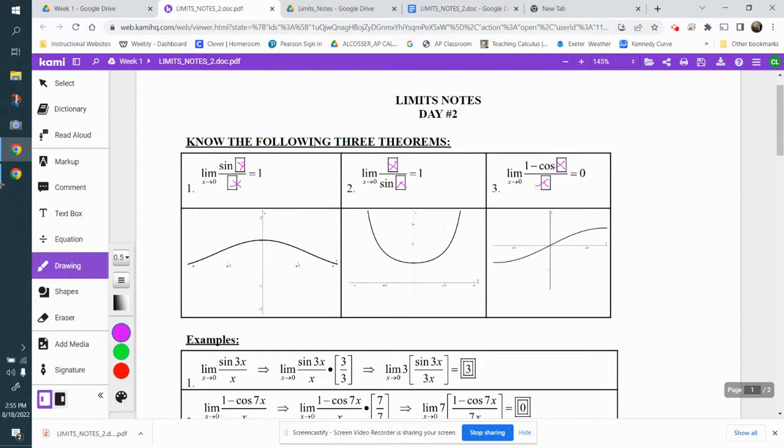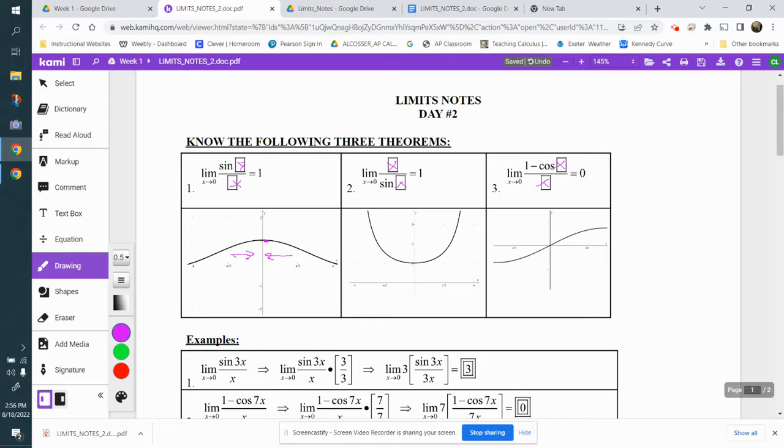So if we just did the basic one, sine of X over X, the idea is the limit as X approaches 0 of sine of X over X is 1. So if we go to 0 from both sides right here, guys, my answer is going to be 1. Okay? So why is that really important?